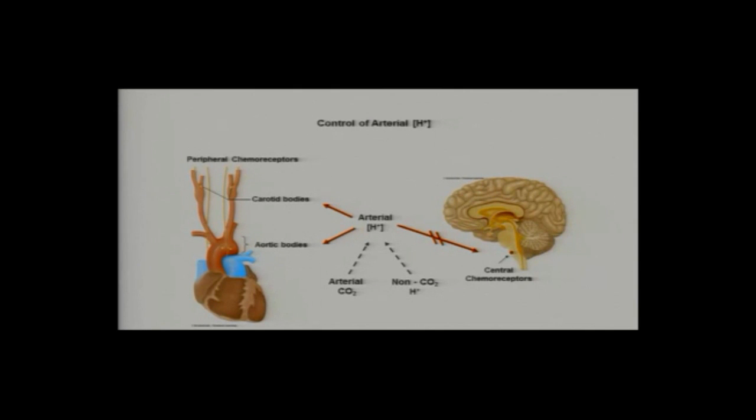The peripheral chemoreceptors are sensitive to pH, and they don't distinguish between CO2-derived and non-CO2-derived. Any drop in pH, any acidosis of the bloodstream, stimulates the peripheral chemoreceptors, and it stimulates breathing.